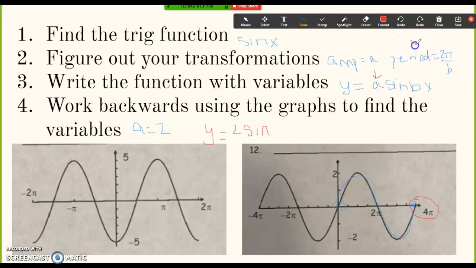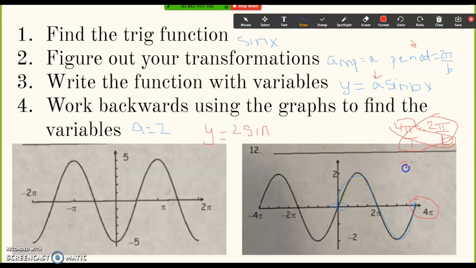So we're going to use this equation to solve for B. We're going to say 4 pi is equal to 2 pi over the B value. Some of you already know that if I plug in 1/2 for B, that would give me 4 pi. If you don't see that, what you're going to do is cross multiply to solve for B. Remember, with two equivalent fractions, we can cross multiply. This 4 pi is over 1.